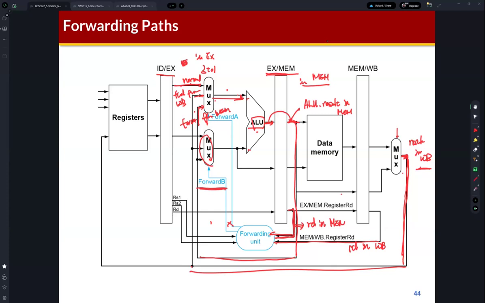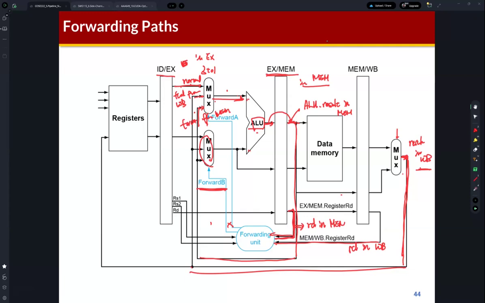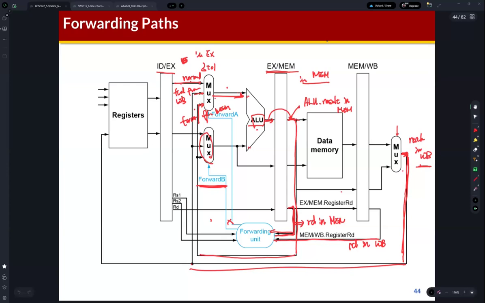In the previous lecture, we learned about the data forwarding unit, and how to design data forwarding in the pipeline architecture. As you can see in this slide, you can find the forwarding unit. Data forwarding is performed in the EX stage.